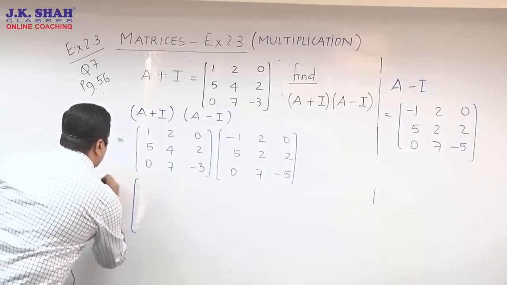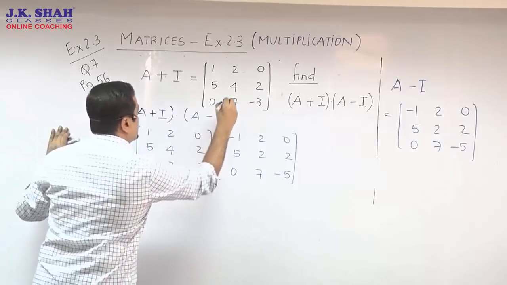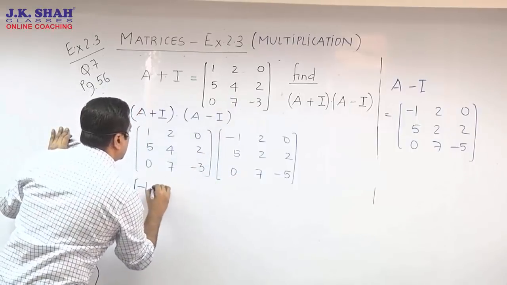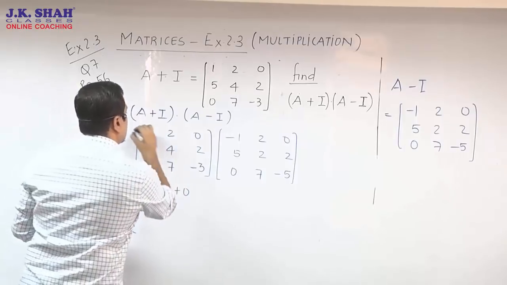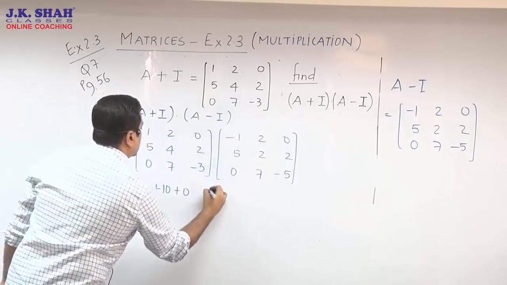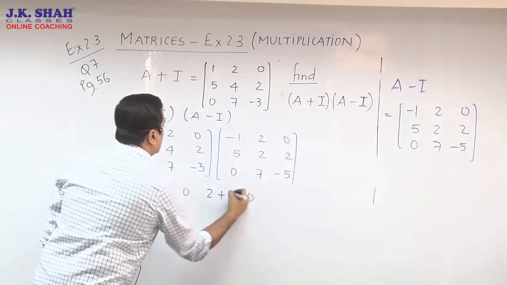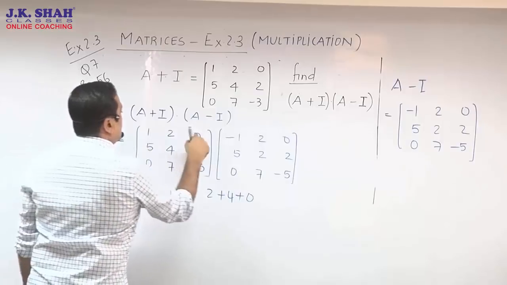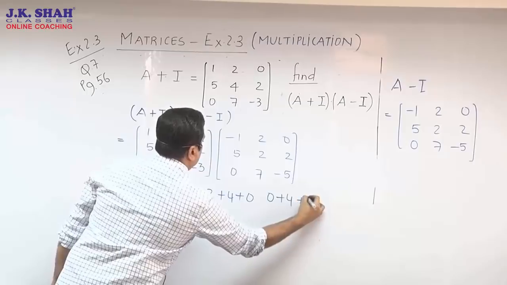So if you all are done with your multiplication, let me check. Is it happening or not? R1 C1, so it's minus 1 plus 10 plus 0. Expecting yours also came the same. R1 C2, 2 plus 4 plus 0. R1 C3, so it's 0 plus 4 plus 0.